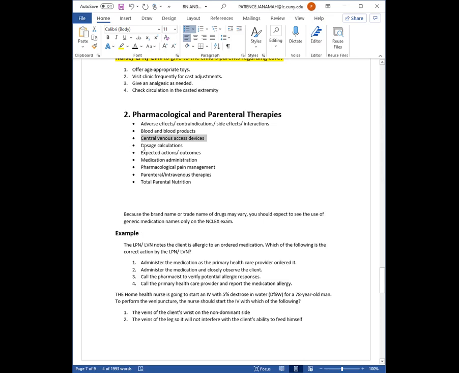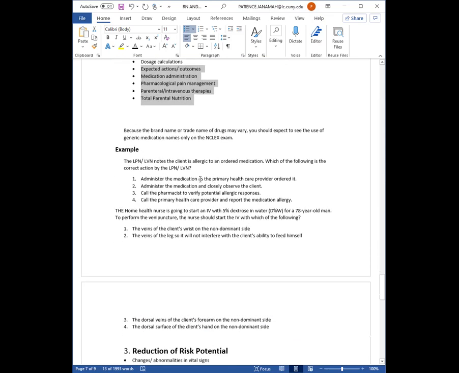Dosage calculations, yes, I want to talk about that one. Expected outcome, expected actions and outcome of medication administration, pharmacological pain management, parenteral intravenous therapy, and total parenteral nutrition.